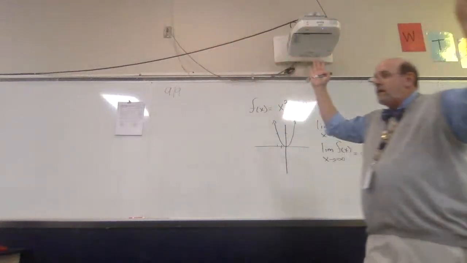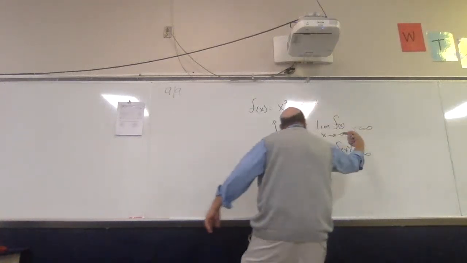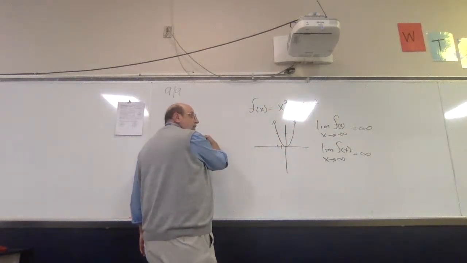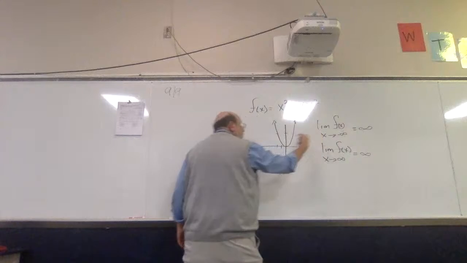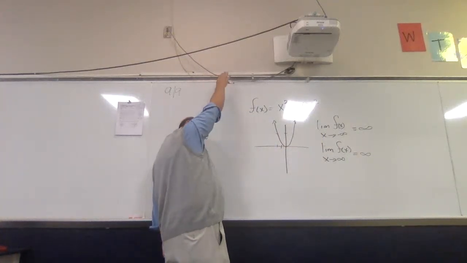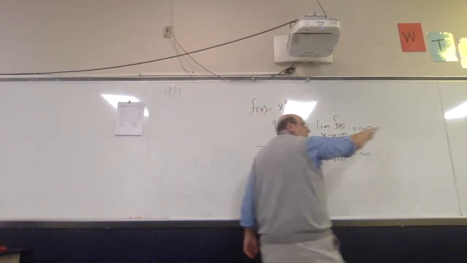Easy? The first one is negative infinity. As the x value goes farther and farther to the left, we go higher and higher on that board. Same thing as if we go farther and farther to the right.